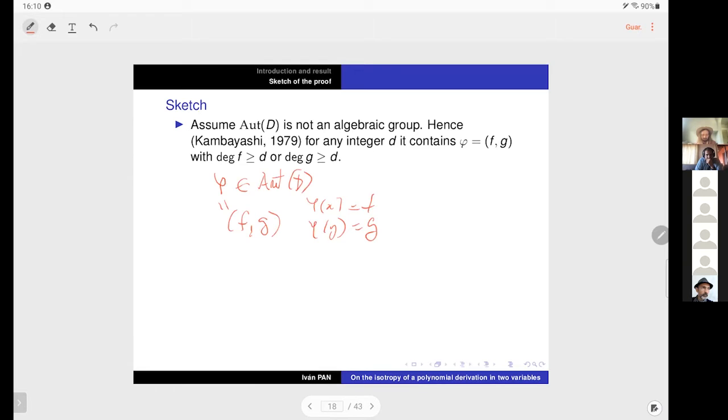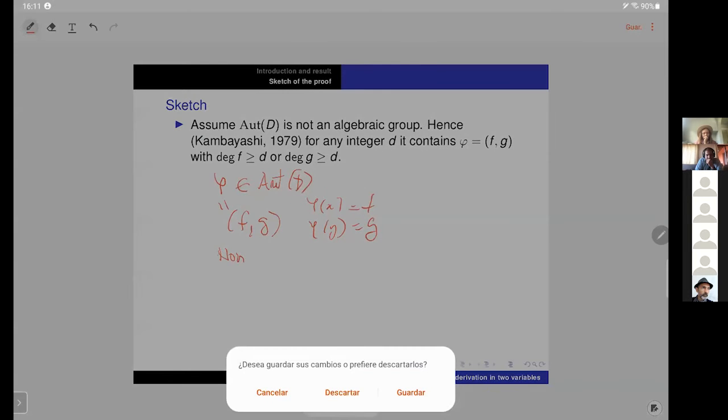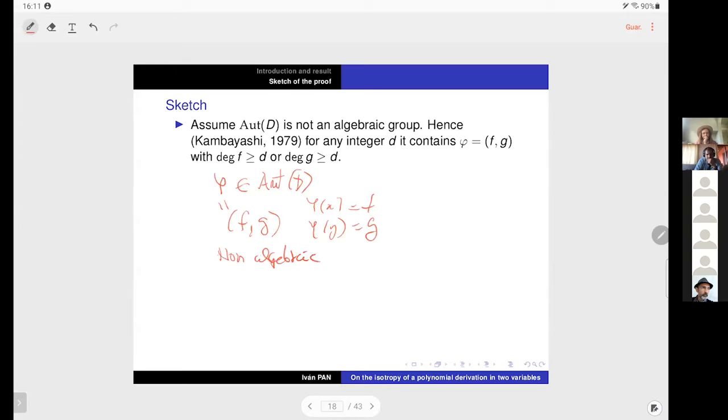The fact that this group is not algebraic may be translated in the following form: these polynomials have unbounded degree. A non-algebraic group implies that the degrees of f and g are not bounded.